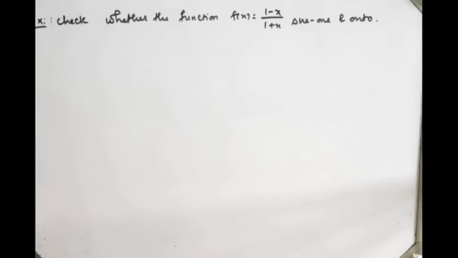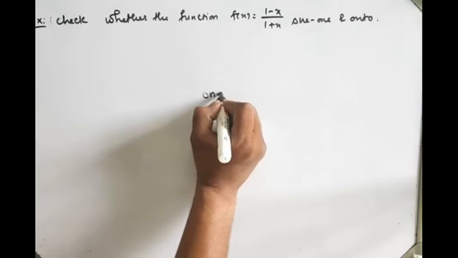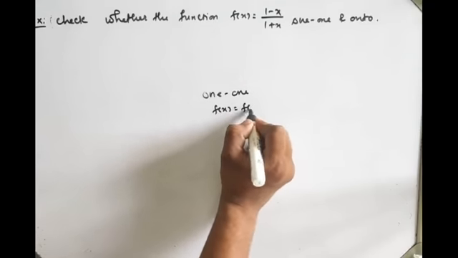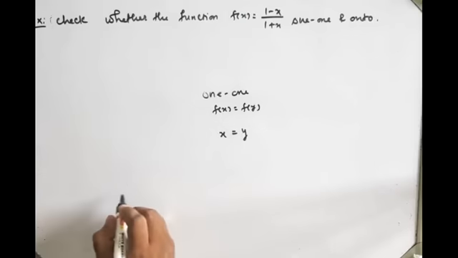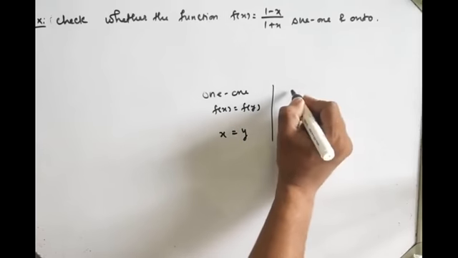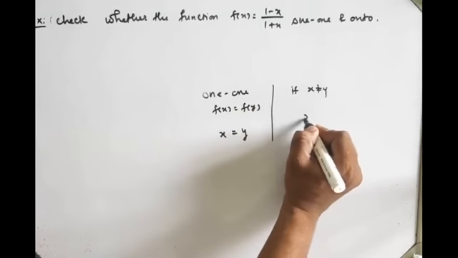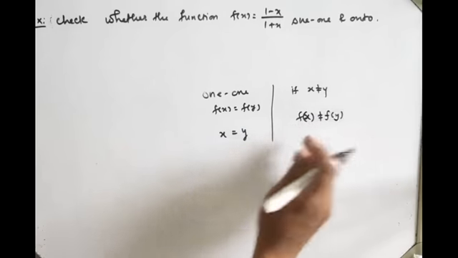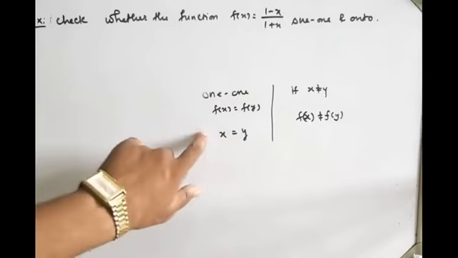We have to check the 1-1 condition in two ways. If f of x is equal to f of y, then show that x is equal to y. And second, if x is not equal to y, then show that f of x is not equal to f of y. You have to show the function is 1-1 by this way or this way.